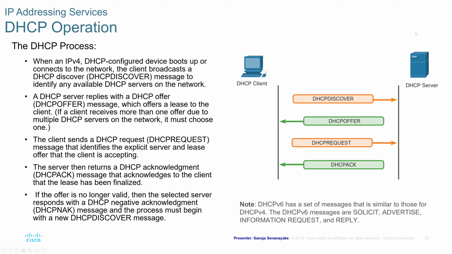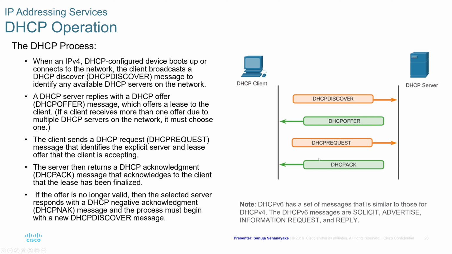And on the right hand side, on this diagram, that is what Cisco is trying to explain here. So you have a client that just got booted up or just connected to this new network, and it sent a DHCP discover message, and the DHCP server, whichever DHCP server is available in that network, or the first DHCP server that received that information, is going to respond back with the DHCP offer message.